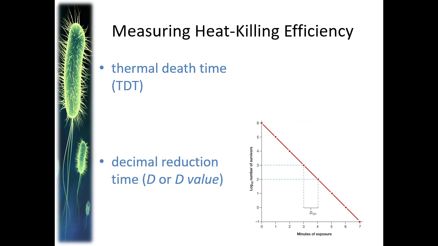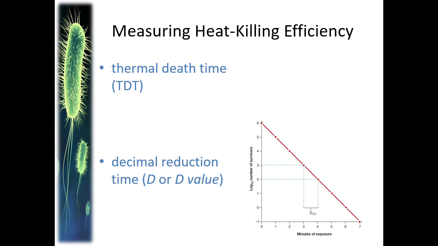Killing efficiency. This graph that I showed you, where we were killing things at a decimal reduction time of 1 minute, is typically from an autoclave at 121 degrees Celsius. You can calculate the decimal reduction time.